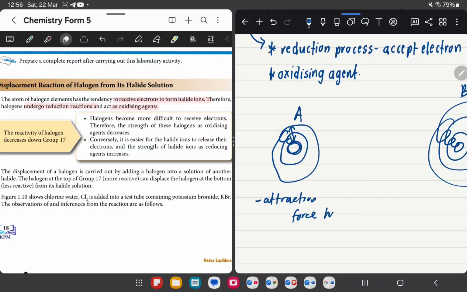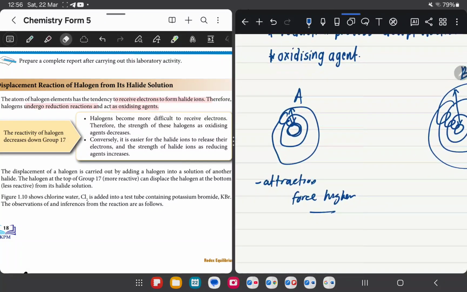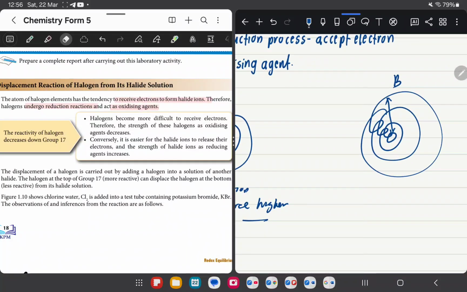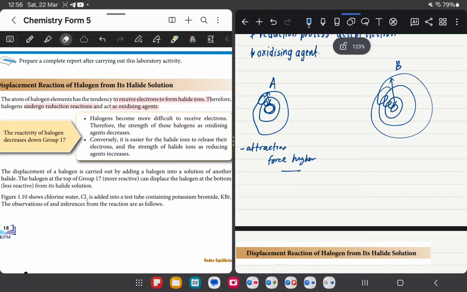Sorry for my doctor handwriting. Then this one, you see the distance from your nucleus to your valence shell is far. This one is short, this one is far. So when far, the attraction force is higher or lower? For sure, lower. So with lower attraction force, it is harder to attract electrons from the other source.